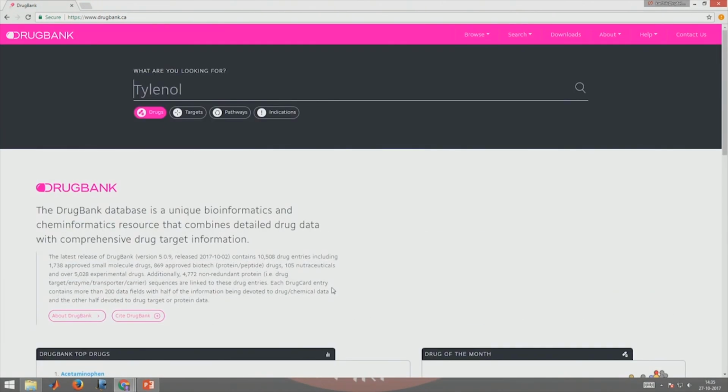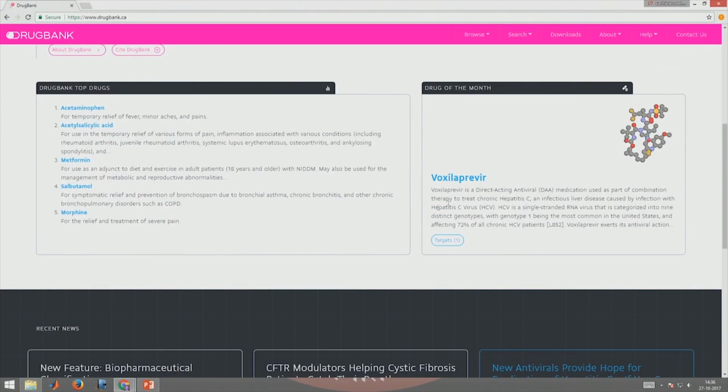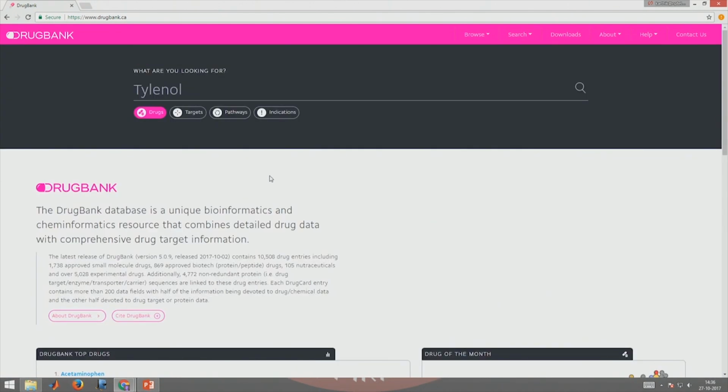So now we can start searching this also, for example, okay, this is the drug of the month, DrugBank top drugs: acetaminophen, used for aches and pains, acetylsalicylic acid, metformin I talked about, aspirin I talked about, morphine is a drug used for severe pain, it reduces the pain which you have. Okay.